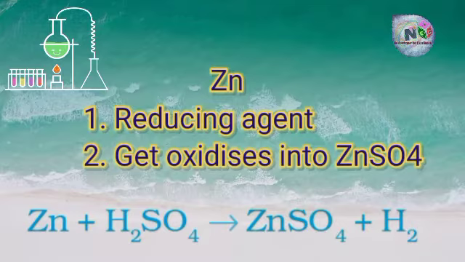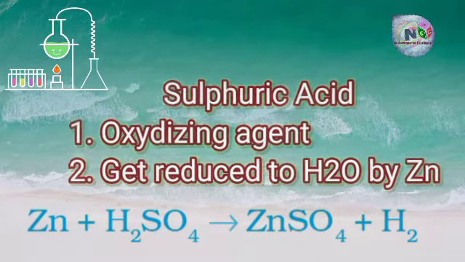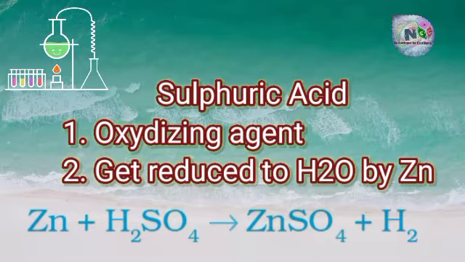This means we can say that the supplier of electron is a reducing agent while the gainer of electron is an oxidizing agent.